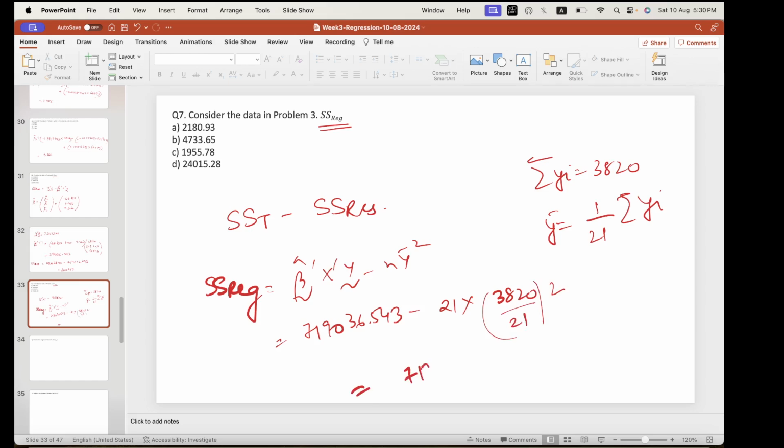So this would be 719036.543 minus 21 into 3820 square by 21.